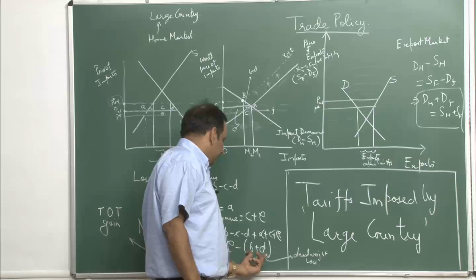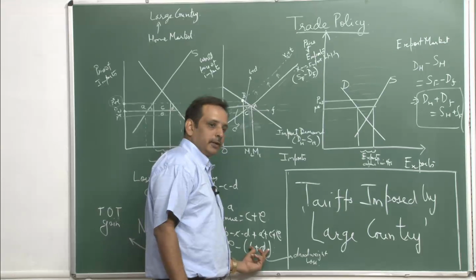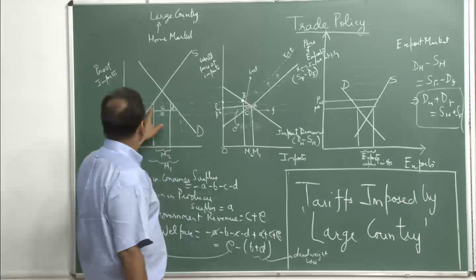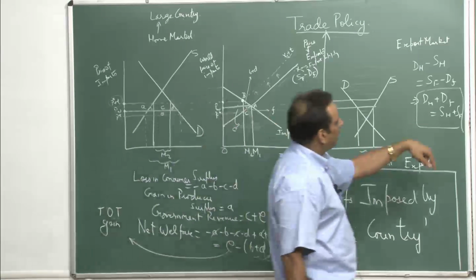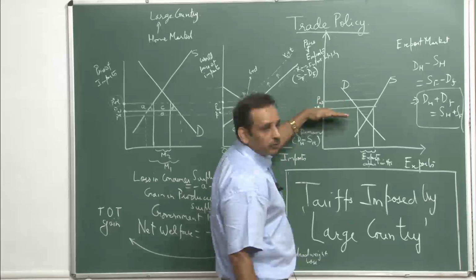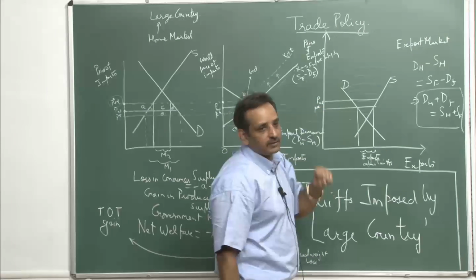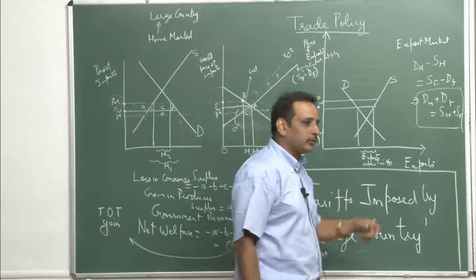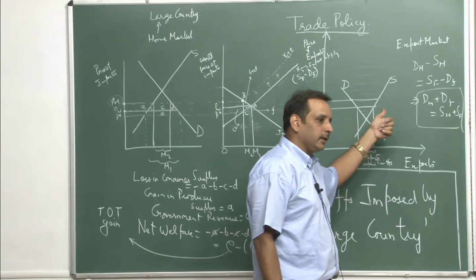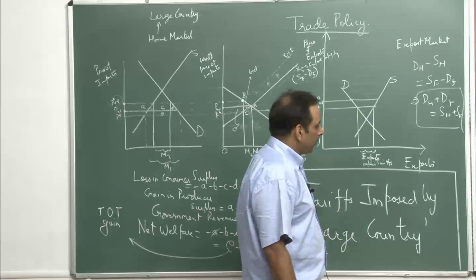The deadweight loss is the loss which cannot be compensated. Here it is the production distortion and the consumption distortion, and there it is because he has to reduce the prices and he has to sell less. So, the exporter sells less, and that too at a lower price. So, there are distortions which are created in the foreign country.